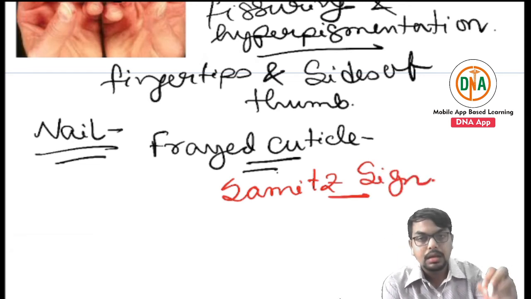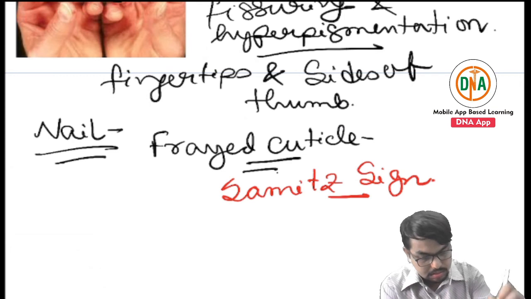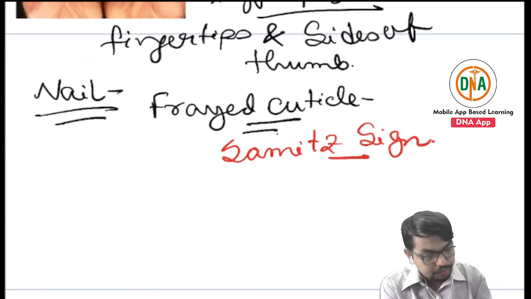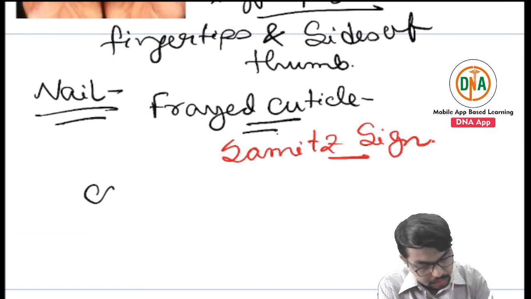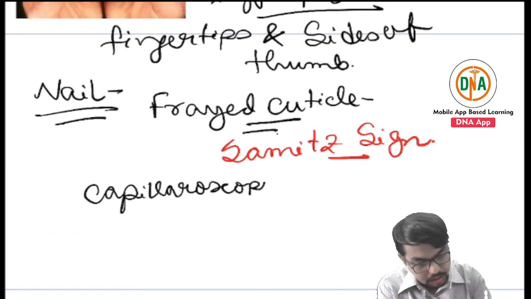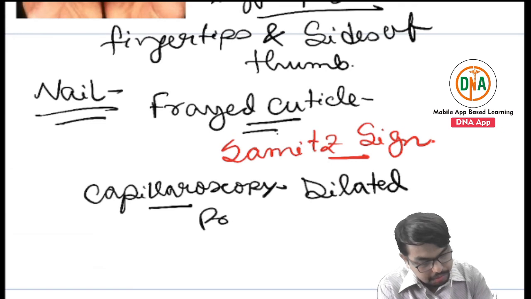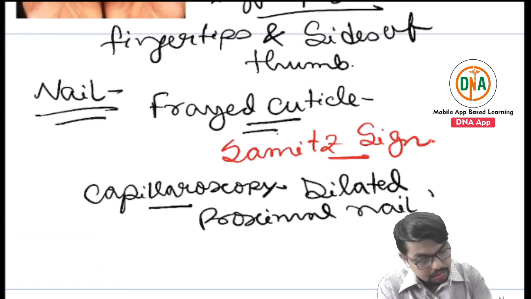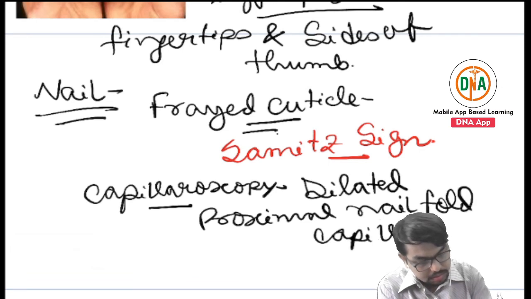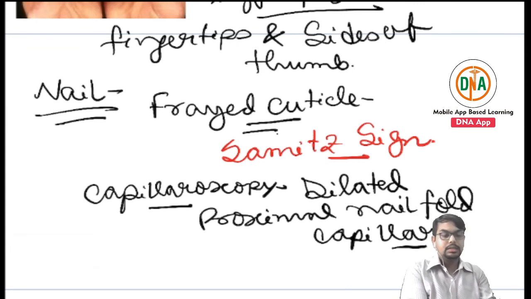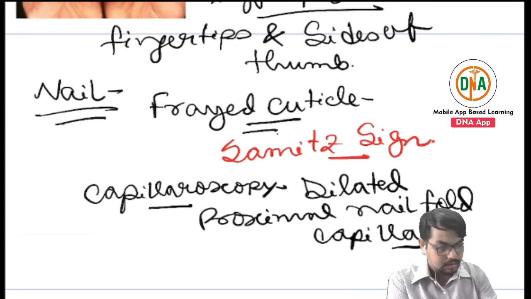Next, if you do nail fold capillaroscopy, what will you get? You will get dilated proximal nail fold capillaries. Okay, so these are the nail changes of dermatomyositis.